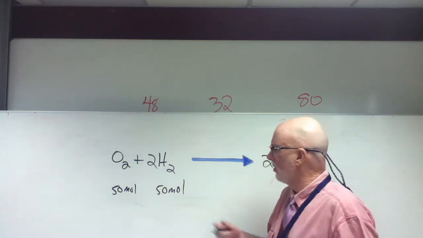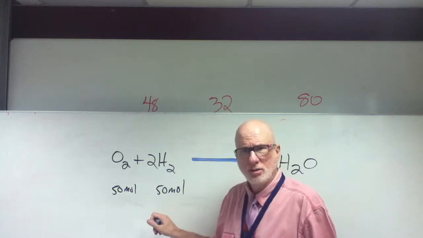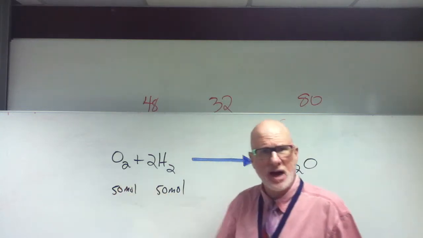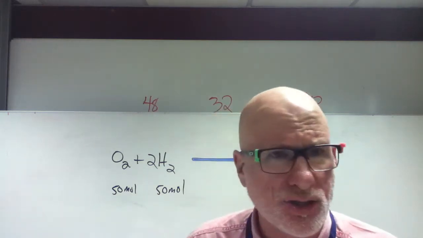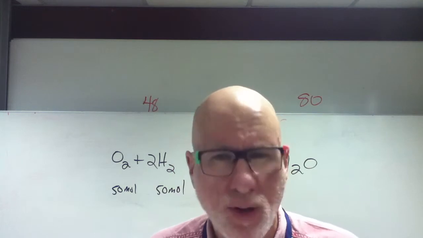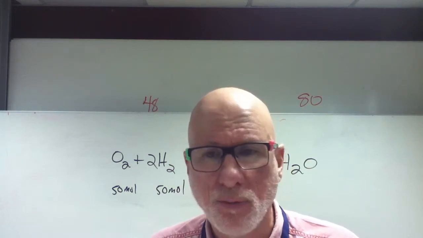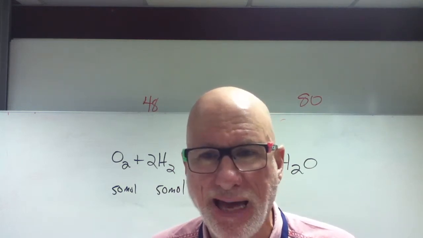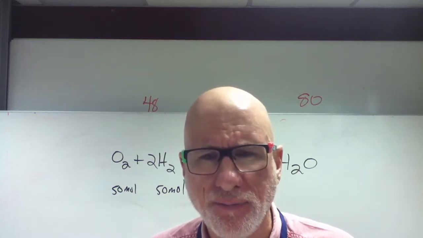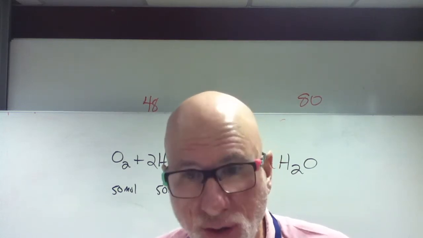Thank you. So, if I burn 50 moles, how many moles of oxygen do I need according to that equation? Luluan? 1? But what does the ratio say? What is the mole ratio of oxygen to hydrogen, Luluan? 1 to 2, right?